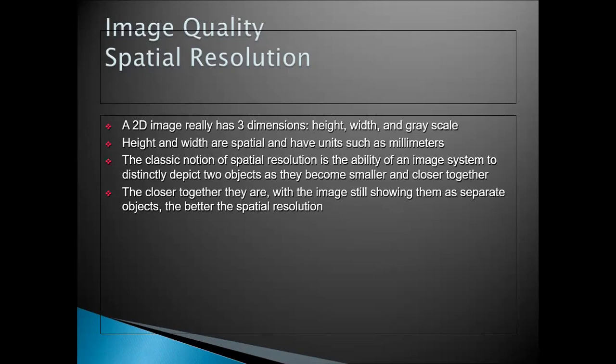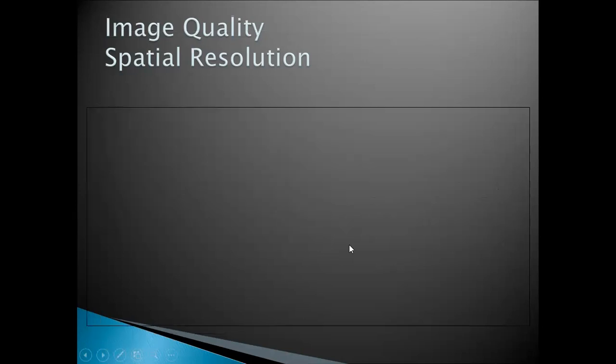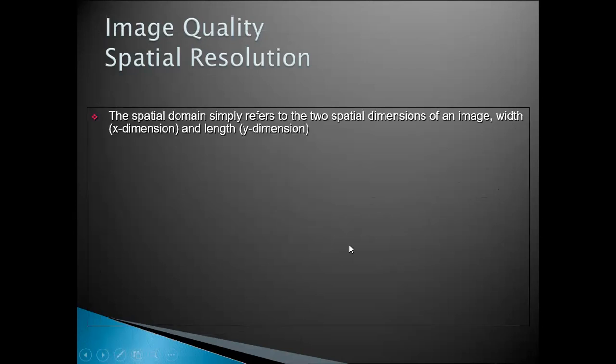As the objects become smaller and smaller and the machine is still able to get them as separate entities, then it has a wonderful spatial resolution. At some point, the two objects become so close that they appear as one. At this point, spatial resolution is lost. That is the limiting spatial resolution of the machine.